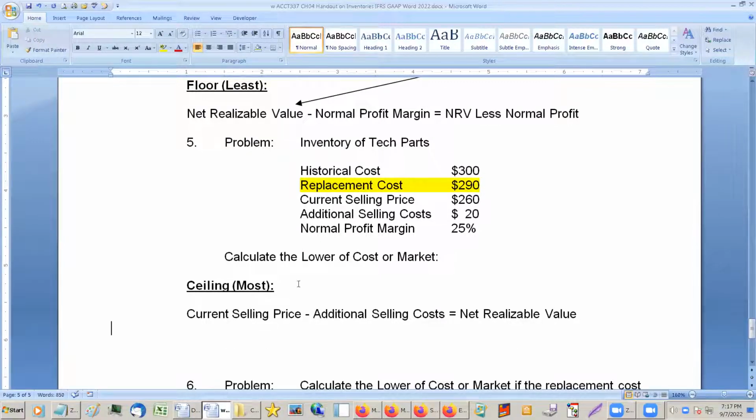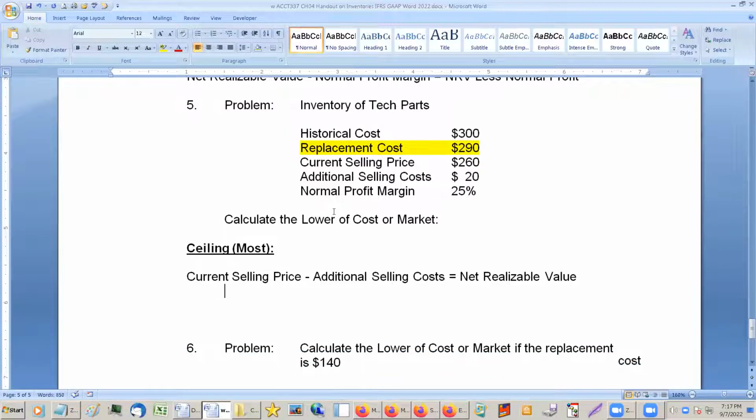Okay, so we have our current selling price is 260. Our additional selling costs, $20.